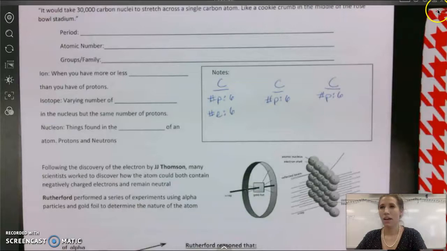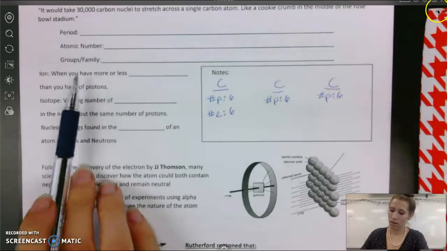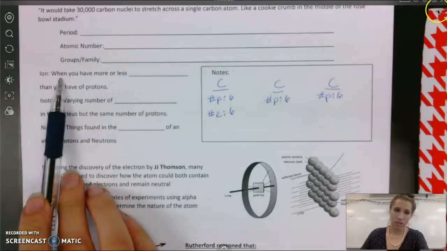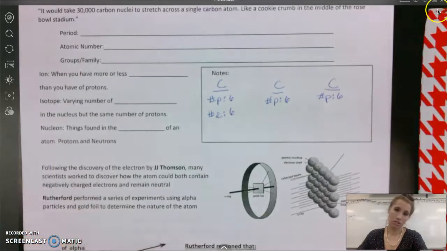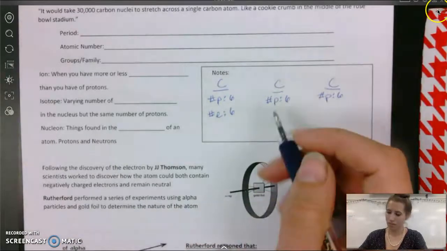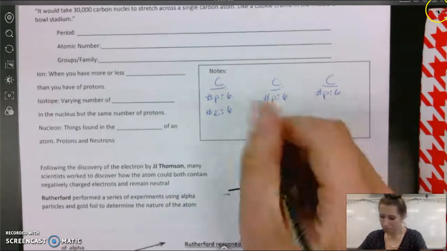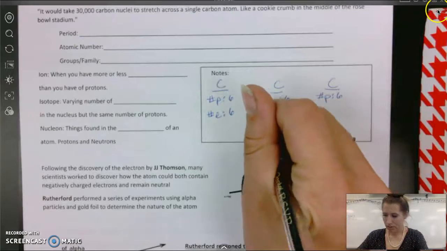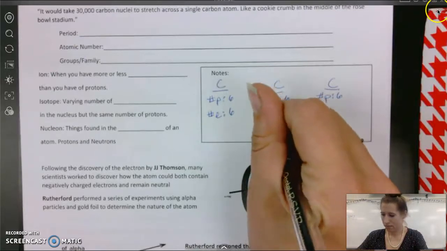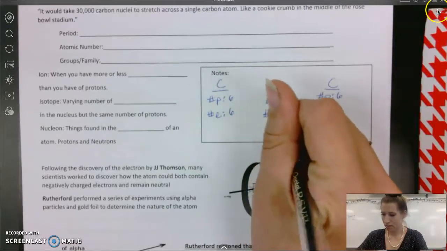And if we gain or lose an electron, that's when we create an ion. So when you have more or fewer electrons than you do protons for an atom, that means you'd have an overall negative charge or an overall positive charge. So as an example, even though these are not the ions that carbon would form out in nature, let's just say we had 8 electrons.